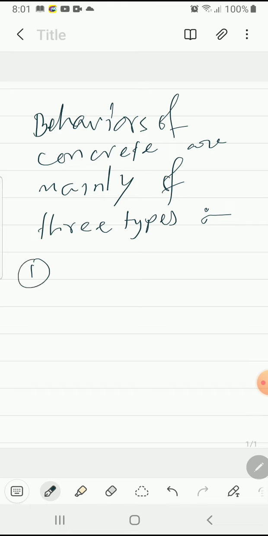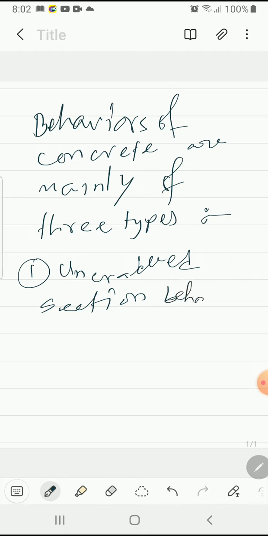Okay. Number 1, uncracked section behavior.